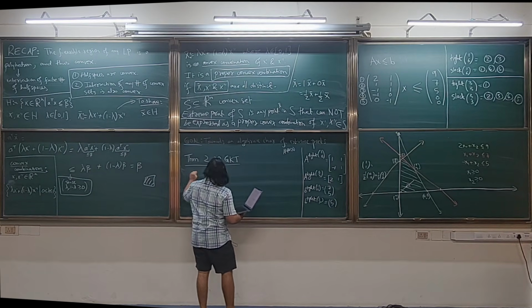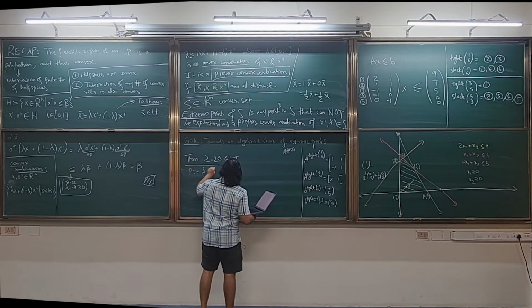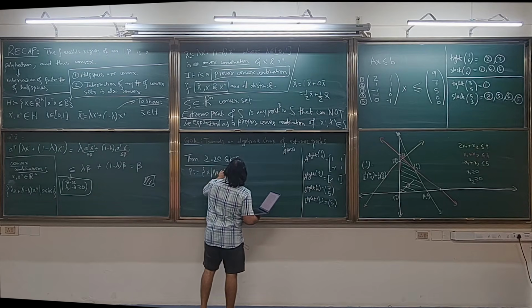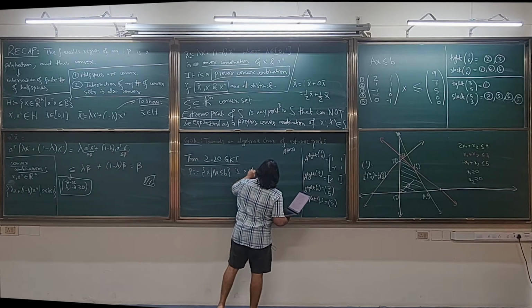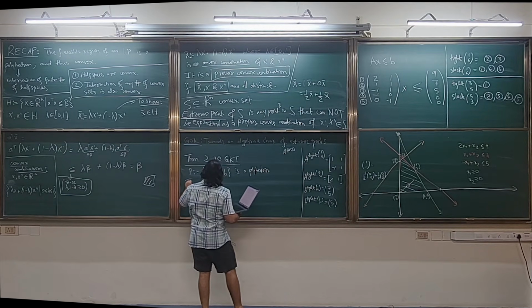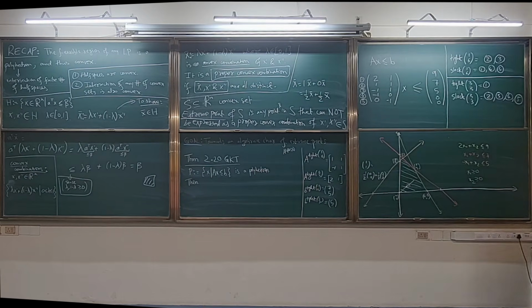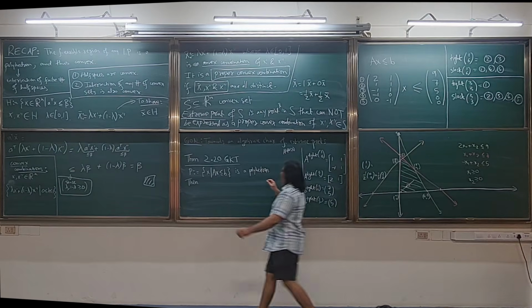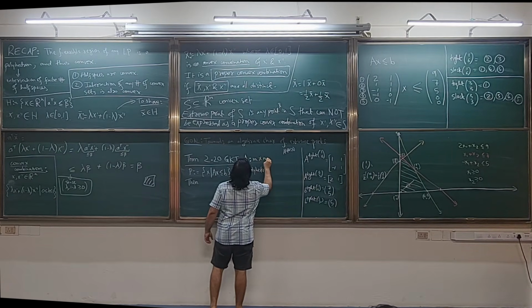So let's say P is your set of elements x such that Ax is equal to b, a polyhedron. Then a point is an extreme point if and only if the rank of the corresponding A-type matrix is n. A is n times n.